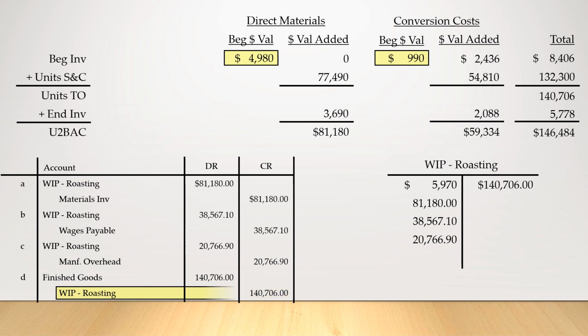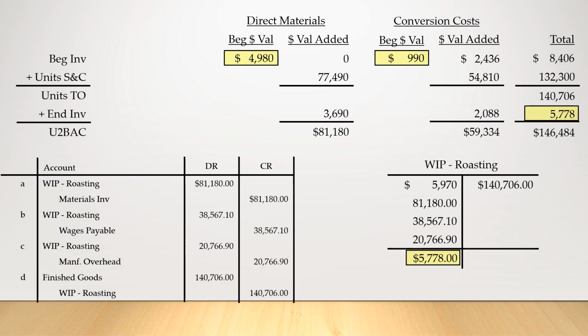Our ending balance is a debit of $5,778. Wouldn't you know it? That amount reconciles exactly to the value of ending inventory according to our cost report.